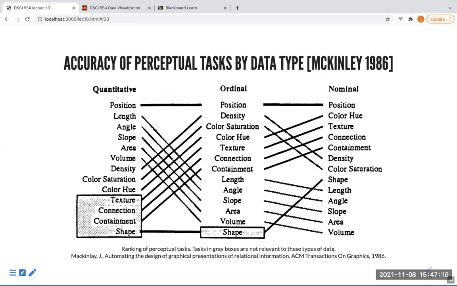So what we're doing these days is that little by little, I think the visualizations are becoming more and more attuned to what works.